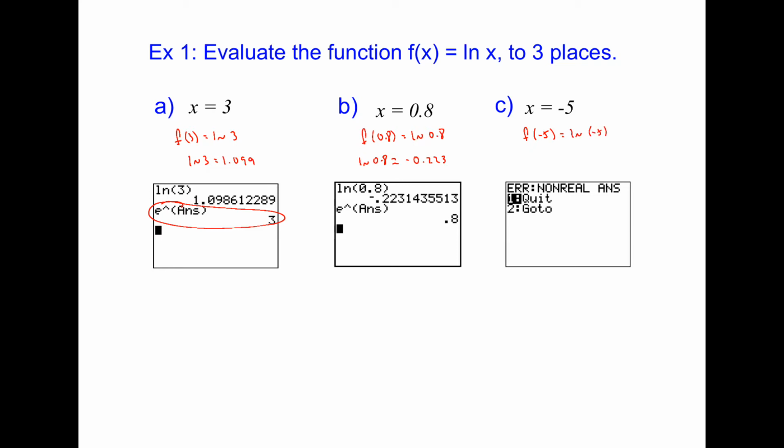And hopefully you already know before you even plug it in that it does not exist, because that x value is not greater than 0, it's less than 0. So therefore, based on the definition, this one does not exist. So those are just 3 examples of plugging them into the calculator, and once again also checking to make sure that we are doing them correctly by using its inverse.